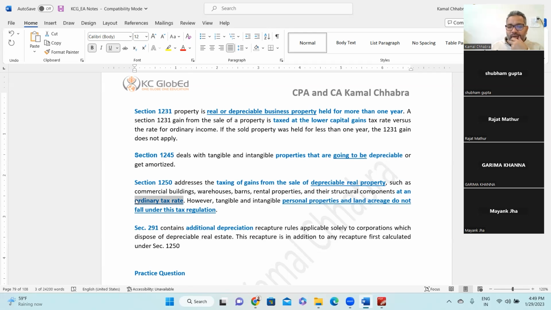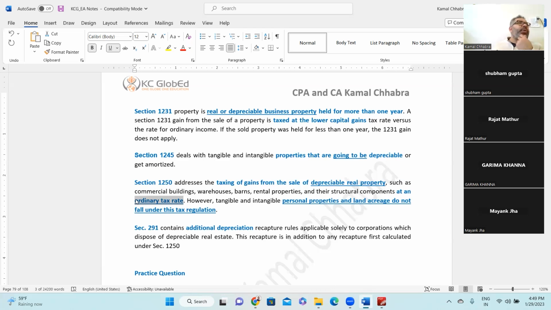So the gains that we get from the sale of the real property. Which real property? For example, if we have some factory or some building, and if we sell at a gain, so those are considered as real properties.